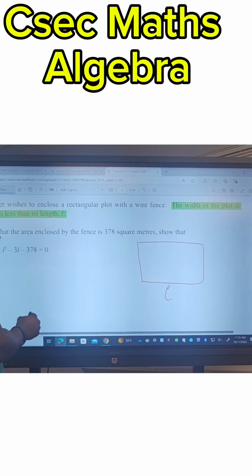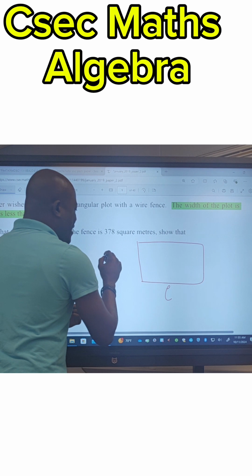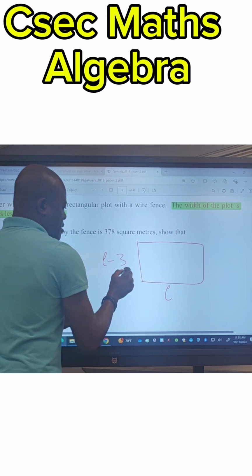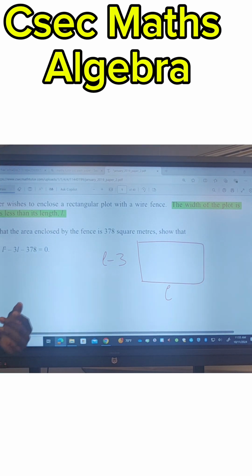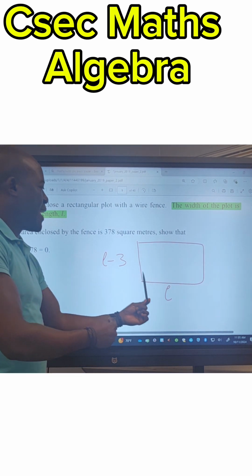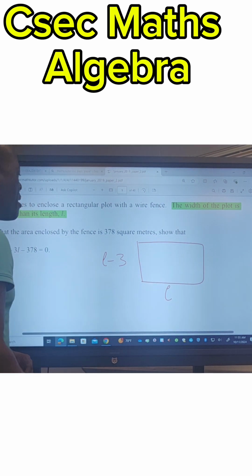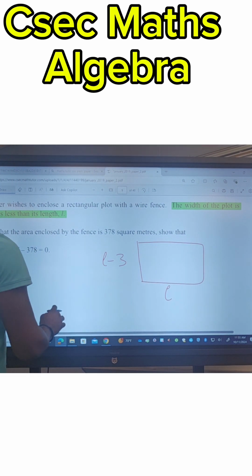The width is 3 less than the length. So if I represent the length with L, then 3 less means that I need to subtract 3 from L, and this gives me my width.